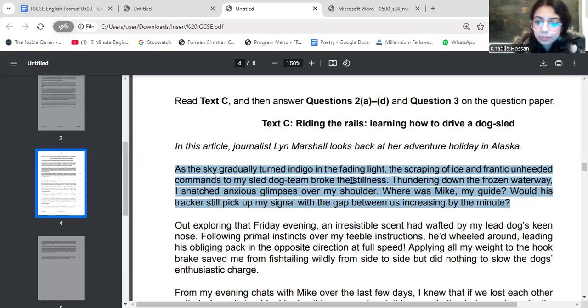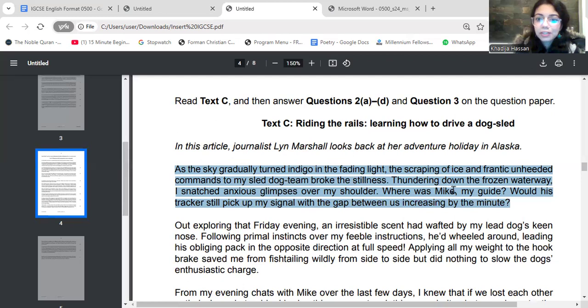So clearly, this person, the journalist Marshall, she's on a dog sled, and she is shouting to her dog team to stay on the path, basically. But they are going elsewhere, and she is very anxious. She's looking for her tour guide to come and ask the dogs to behave themselves.